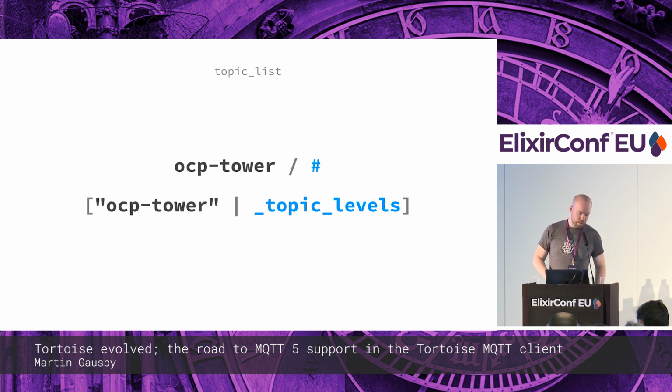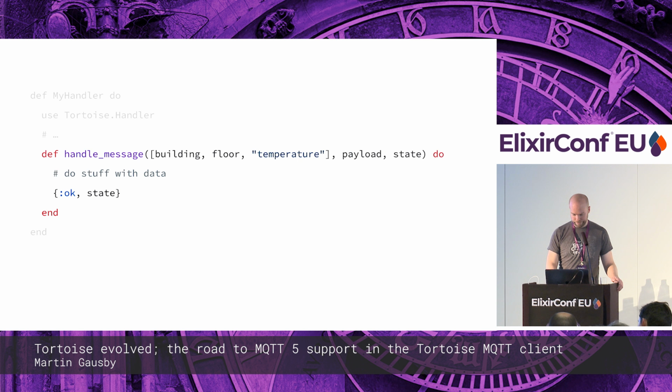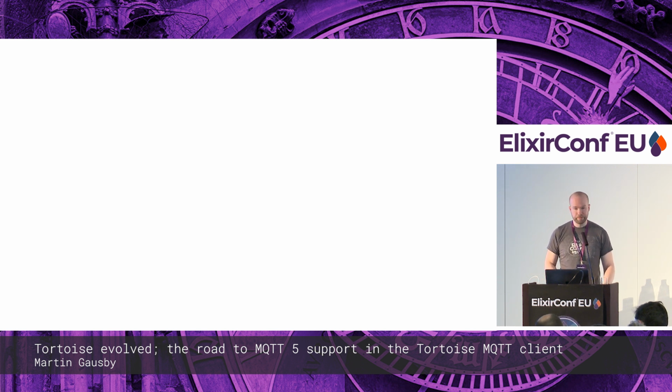And a list also maps pretty well to the multiple level topics. So this is an example where I pull out the building and the floor. Yeah, I think this is a pretty good interface for interfacing with MQTT.